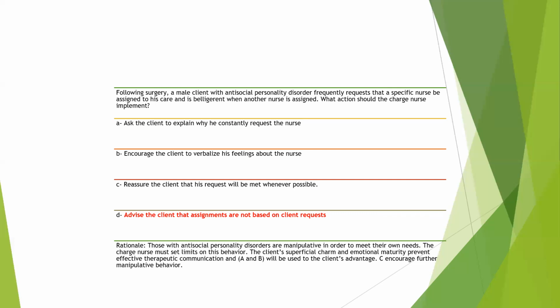So we cannot have the client explain the request for that nurse or encourage the client to verbalize feelings about the nurse. You're going to, of course, reinforce that manipulative behavior. So with C, we're not going to pick that either because this encourages further manipulative behavior. So our best thing to set those boundaries is to advise the client that assignments are not based on client request.